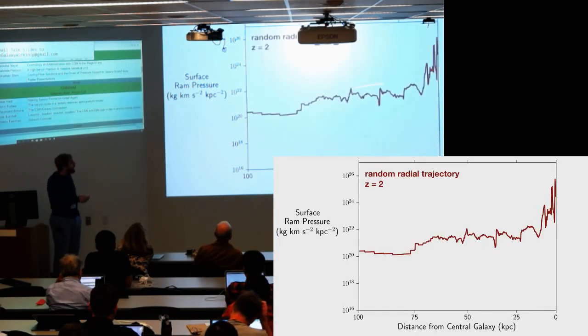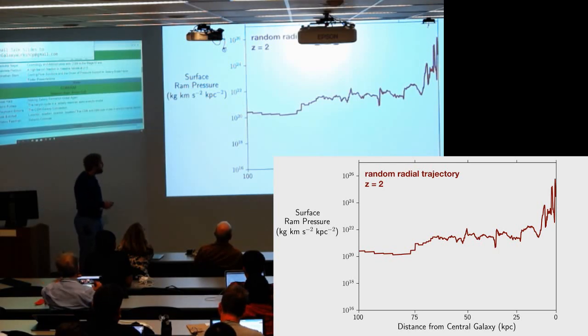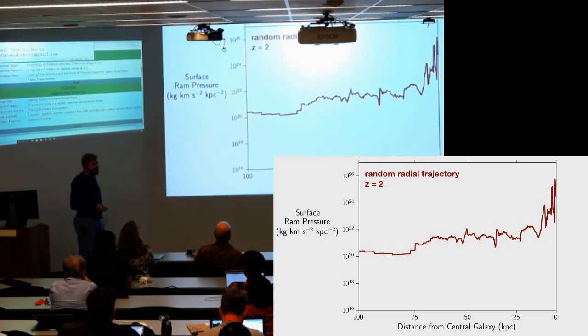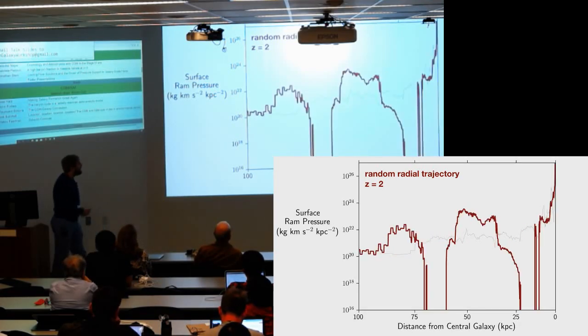Here is one random radial trajectory from that simulation in the previous slide. And you notice a couple of things. The ram pressure is more or less constant from 100 to 25 kpc, and then ramps up below 25 kpc. Over the next 2 slides, I'm going to show you that there is a tremendous amount of variation that depends on the specific trajectory that we choose.